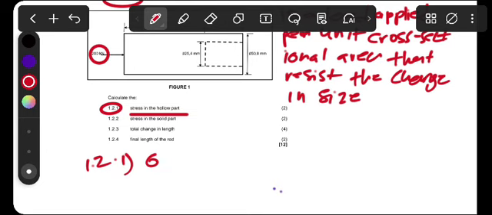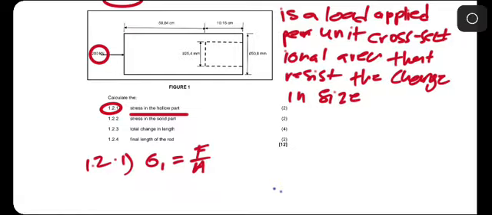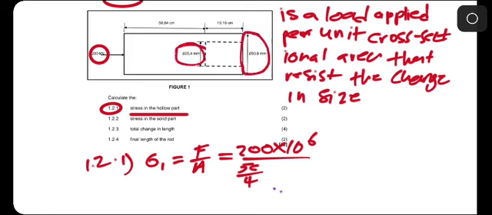The stress in the hollow part, I can say sigma 1. The stress is force over area. We have given the force, which is 200 kilonewton times 10 to the power of 3. Area will be pi over 4. Remember, this is the diameter in the hollow part, so we subtract the inner diameter from the outer diameter.